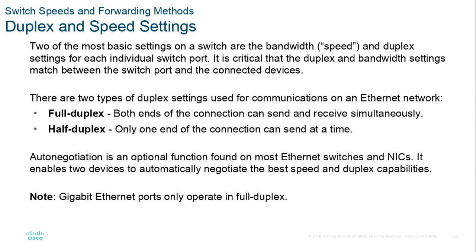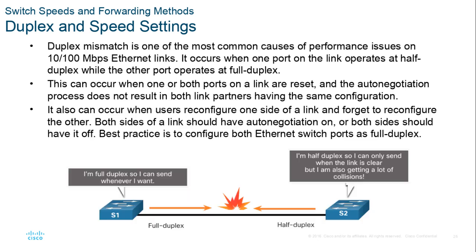Now, the switches that we have in the lab have 24 Fast Ethernet ports and 2 gigabit ports. So it is possible with the 100 megabit Fast Ethernet ports that you can have one half duplex and one full duplex, and you can get errors. Whenever the full duplex switch says I can send whenever I want to, the half duplex switch says I can only send when there's no data being sent.